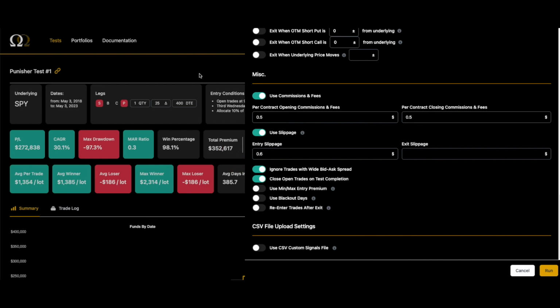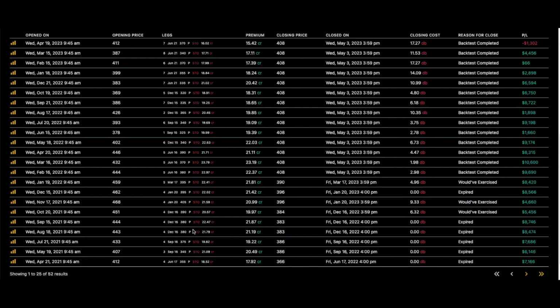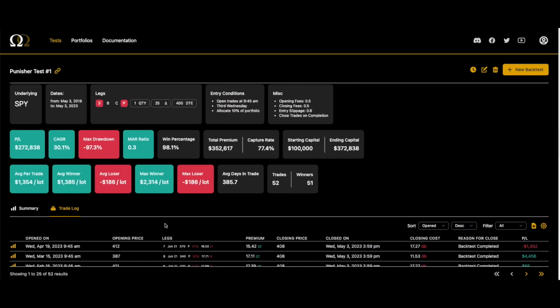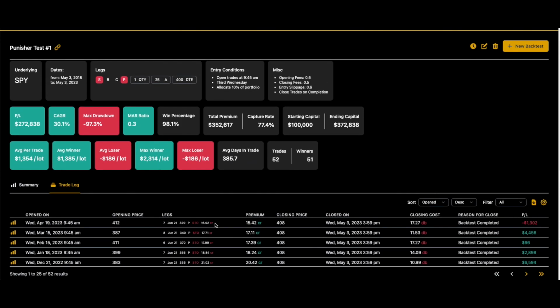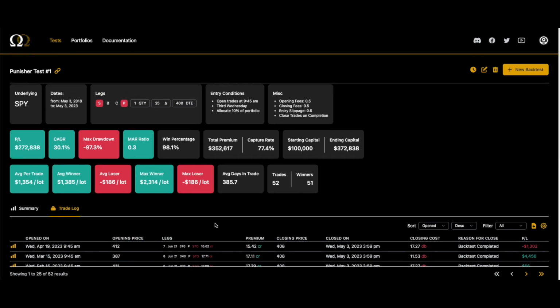Now, this test, you're just selling a couple contracts, 6-7 contracts at a time. So one slippage amount of 60 cents is not going to break or make the test. But the reason it's on there is because you're looking at a 400-day out LEAP at 25 delta. And you may not have a ton of liquidity on that given strike on any given day, especially if the market's in a more calm or upward churning time and there's not a ton of options.